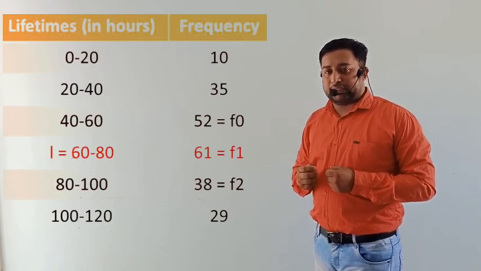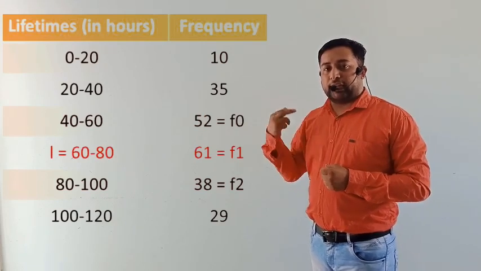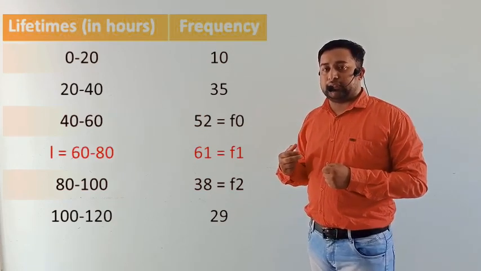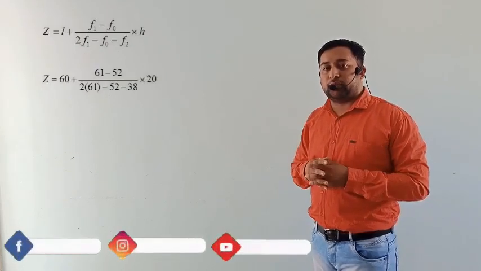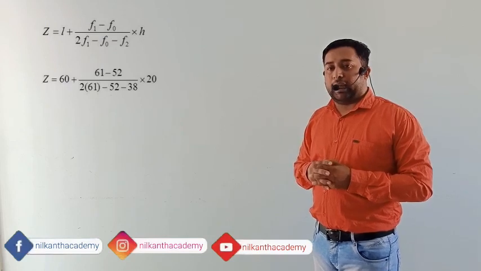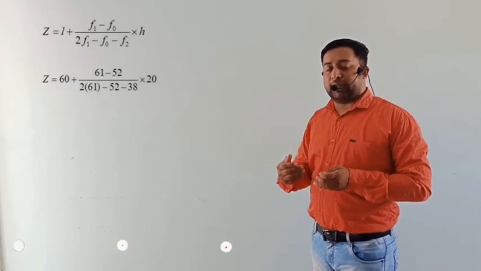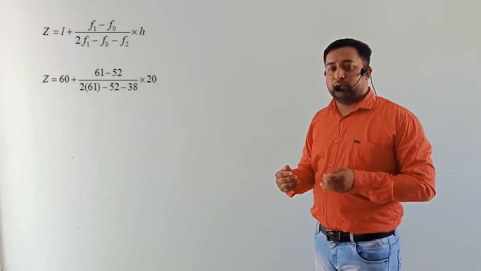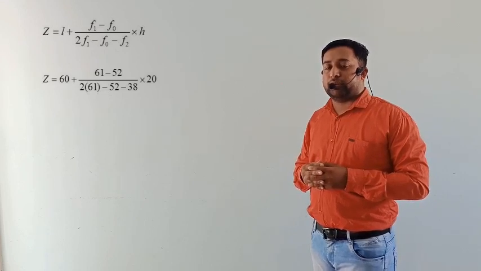The preceding frequency 52 is f0. The next frequency 38 is our f2. Substituting all these values in our formula, Z is equal to L plus f1 minus f0 upon 2f1 minus f0 minus f2, into h. Remember this formula, you will need it for mode.